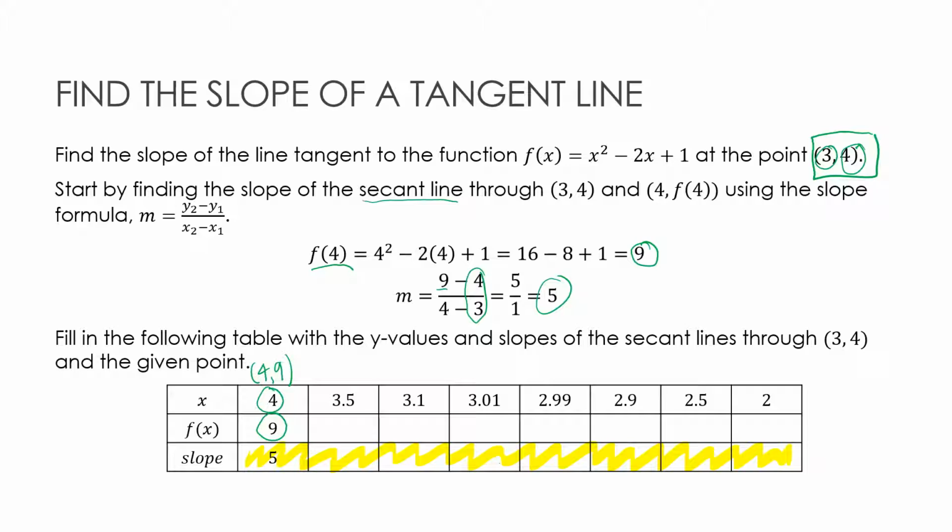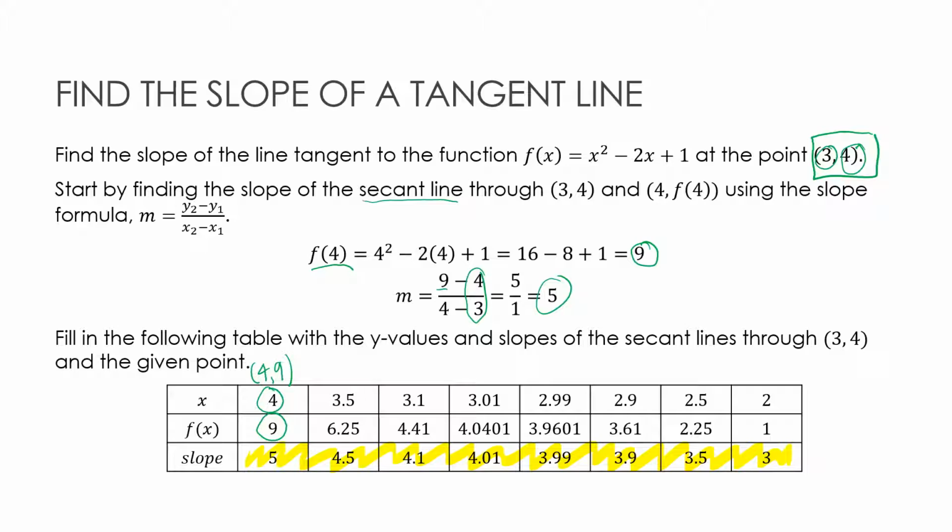I did all of this with a calculator, and this would be a forever video if I went through each one with you. But when I plugged in 3.5, so f of 3.5, easy to do in your calculator, I showed you last week, then finding the slope using the point 3, 4 and the point 3.5, 6.25, I get a slope of 4.5. Then I just continued that process, and I want you to see what's happening as I continue down my table.